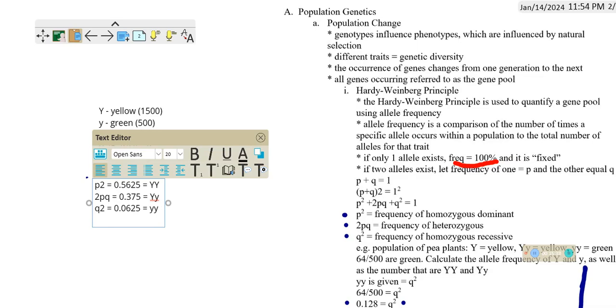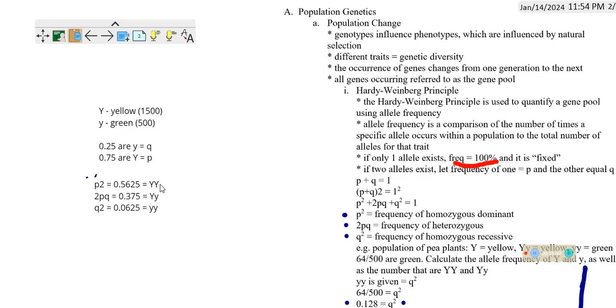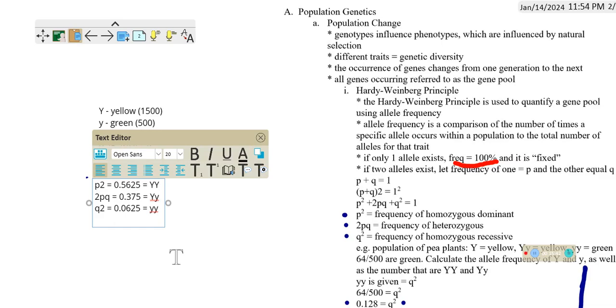Then if I want to say, okay, how many actual organisms are there? Again, this was a grand total of 1,000. So this means I've got 562.5. We'll talk about what that means in a minute. 375 and 62.5.